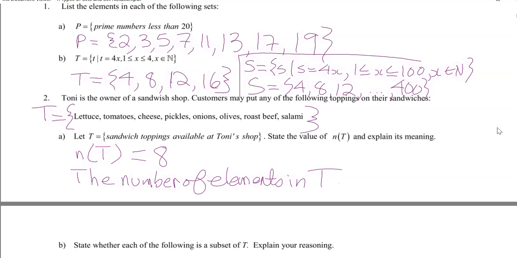Okay, there's 8 of them. So that's what n of T means.